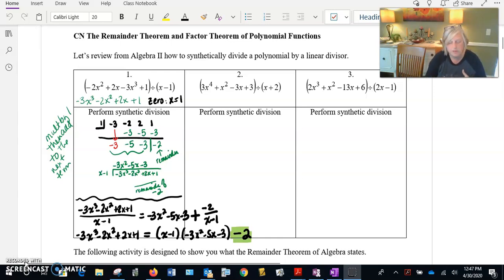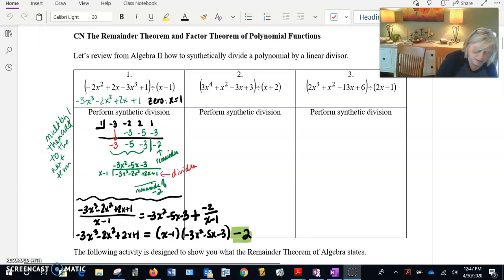And different things will give us different pieces of information, and there may be different reasons why we want to do this division. All right, now notice one of the main things I talked about with this one was the idea that you have to make sure that what you're dividing into, your dividend, okay? This part right here is just notation. This is called your dividend.